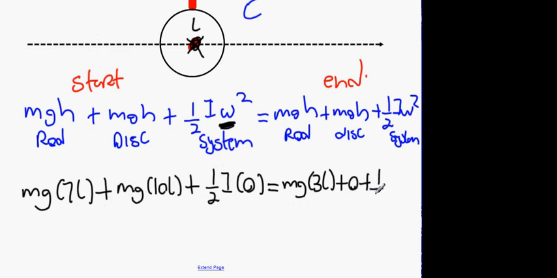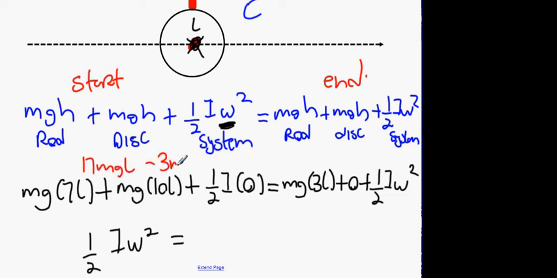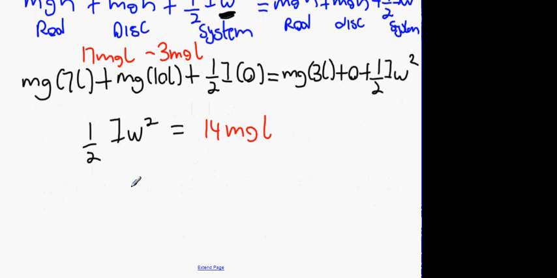And what about this? It's a half I omega squared. A half I omega squared is equal to, what's that going to be? That's 17 mgl, minus 3 mgl gives us 14 mgl. Cross multiply with 2: I omega squared equals 28 mgl.